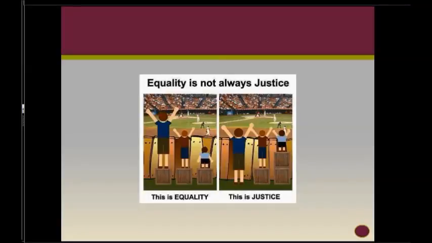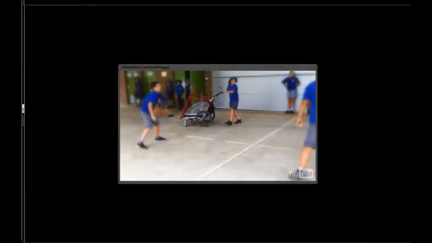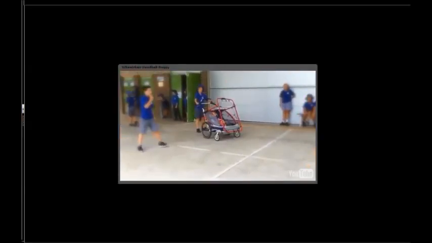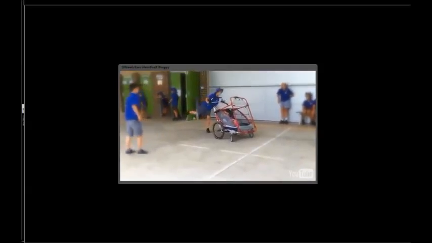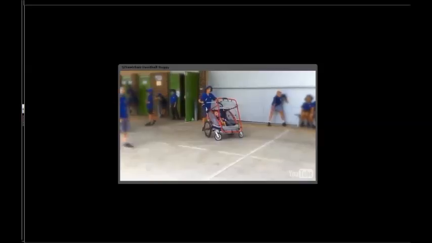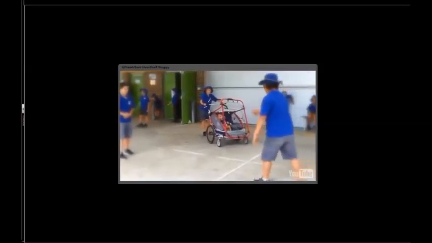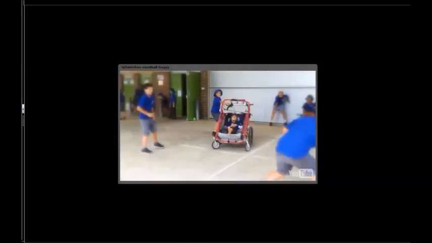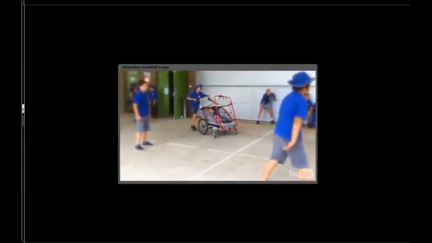I'm going to show you the handball adjustments. So you can see that they've got a contraption on the front of his playground jogger, and they devised the rules for the game.